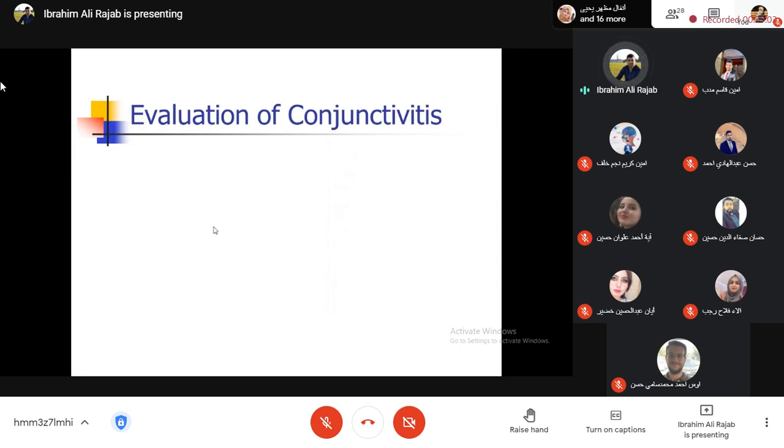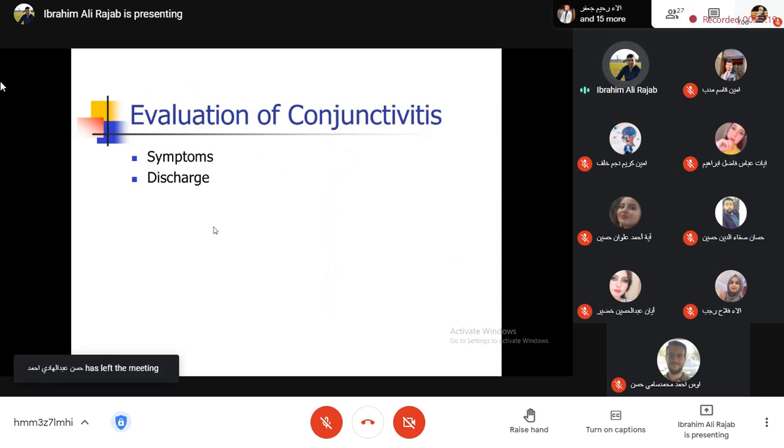If the patient presents with red eye and normal visual acuity with slight discomfort, the patient may have conjunctivitis, and as I told you, it may be viral, bacterial, or allergic. How do we know whether the conjunctivitis is bacterial, viral, or allergic? We should ask about the symptoms.